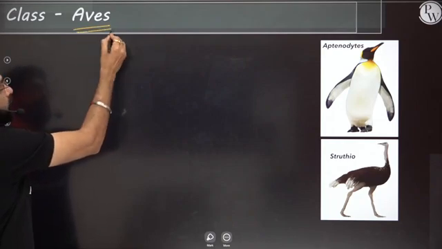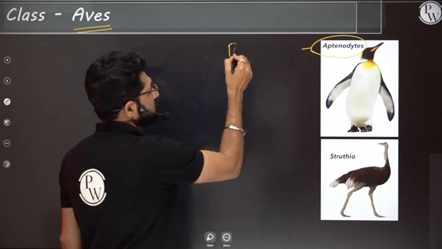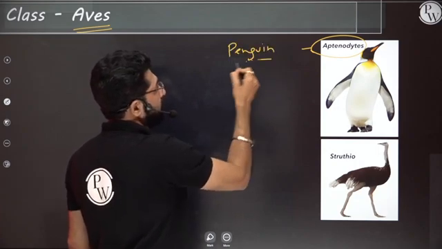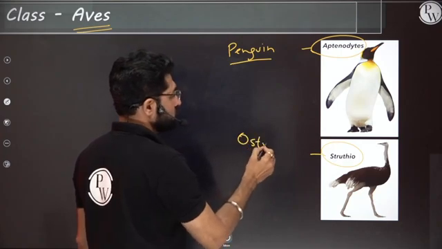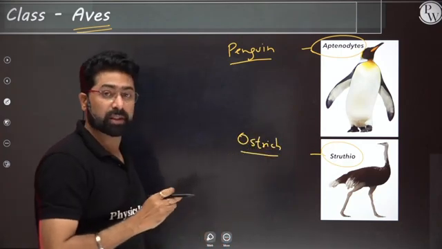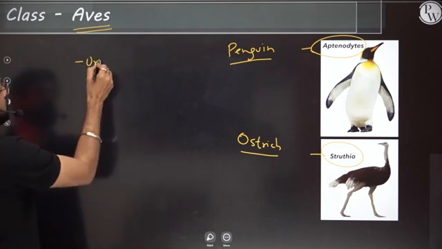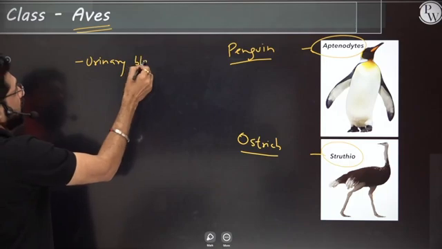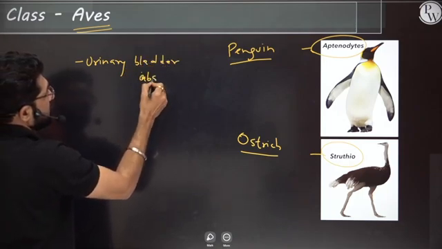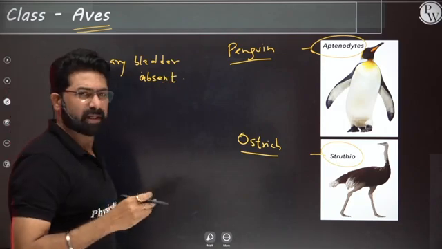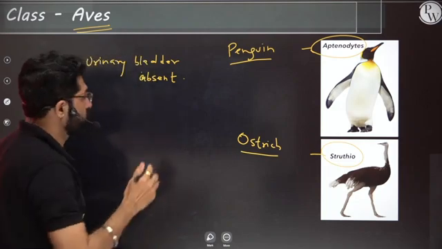Now some more birds, which are flightless birds. This is the penguin. Penguin is Aptenodytes. Struthio is the ostrich. Urinary bladder is absent in birds, except one or two which may have it.